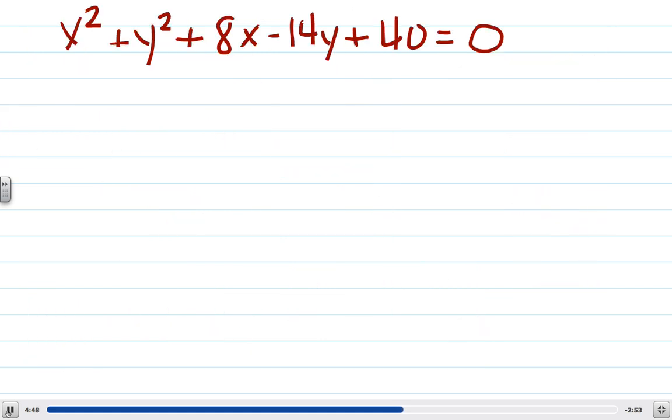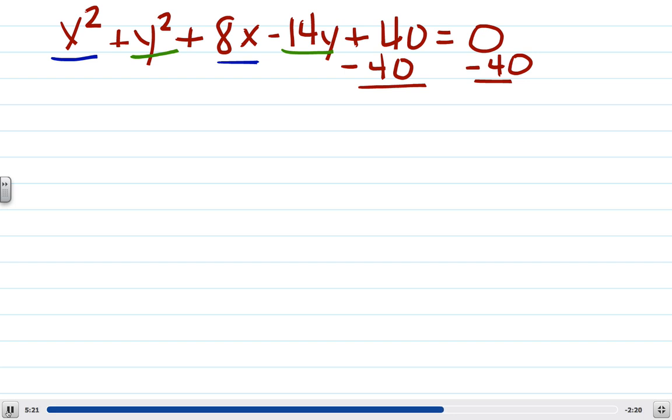Okay, let's try one more. Here I got a whole bunch of stuff on one side: x² + y² + 8x - 14y + 40 = 0. Let's regroup everything first so that I can get it at least sort of in the right direction of the standard form of the circle. So I'm going to subtract 40 from each side, and move my like variables to be next to each other.